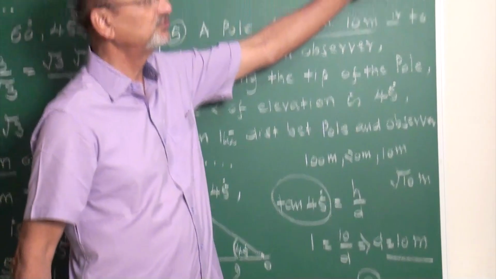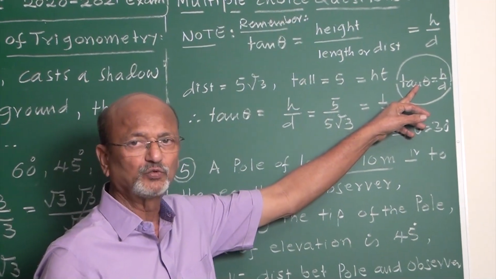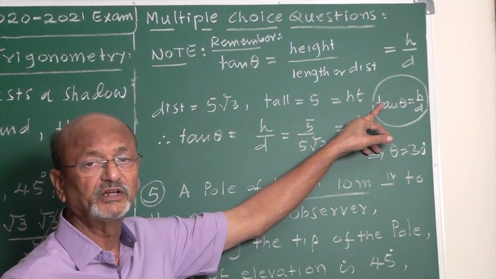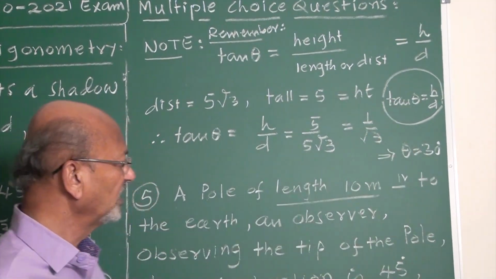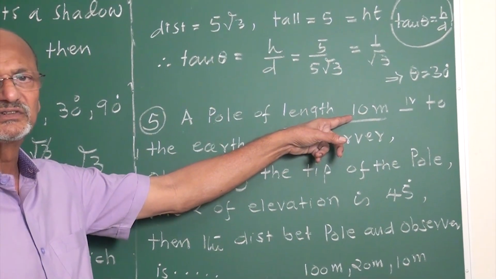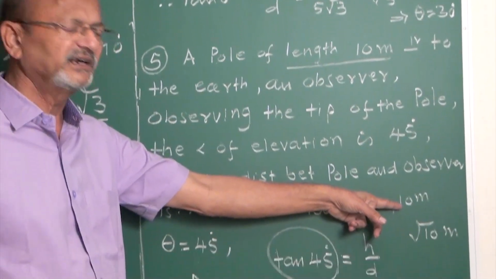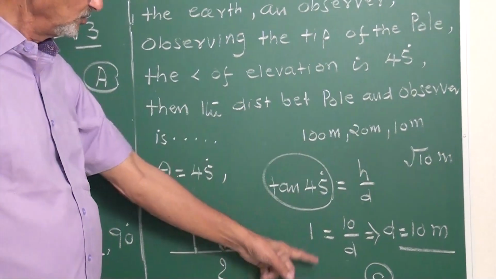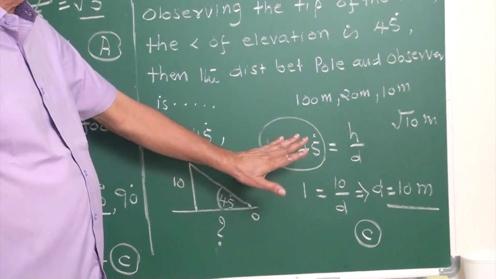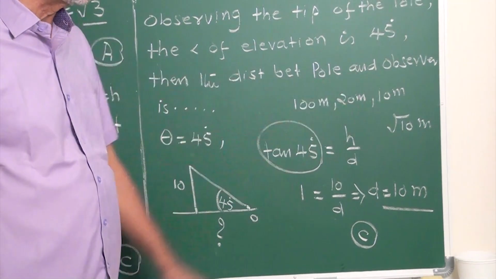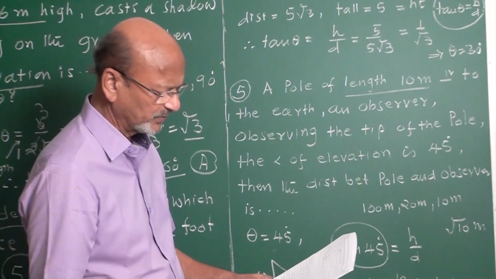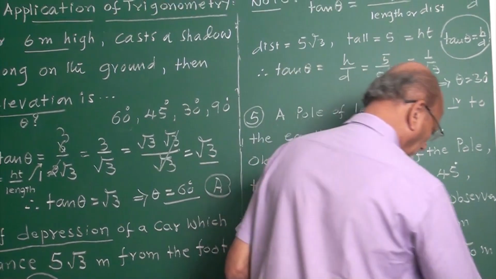So when the angle is 45 degrees, as tan 45 is 1, h by d is 1, so height equals distance. The height is 10, so the distance is 10. Just mark 10 directly. Then I will do one more example.